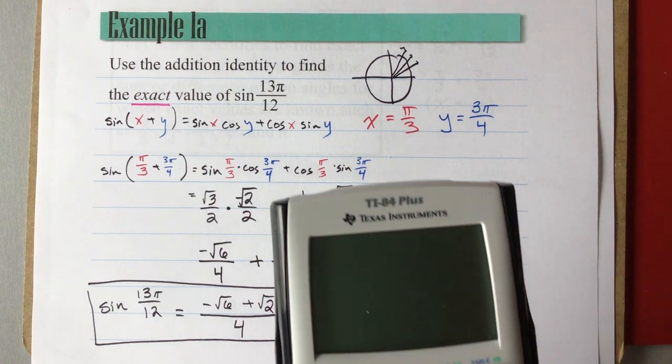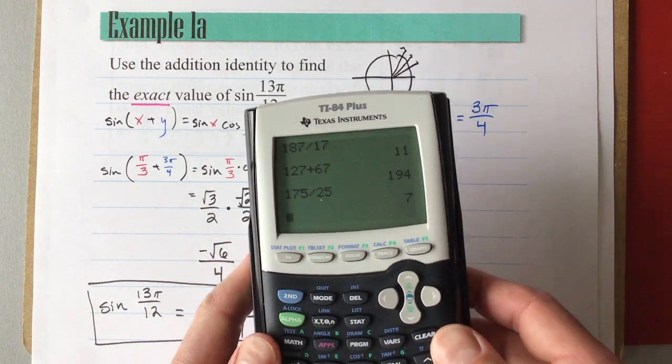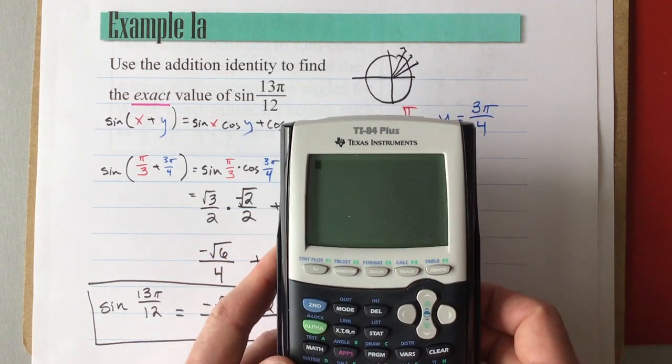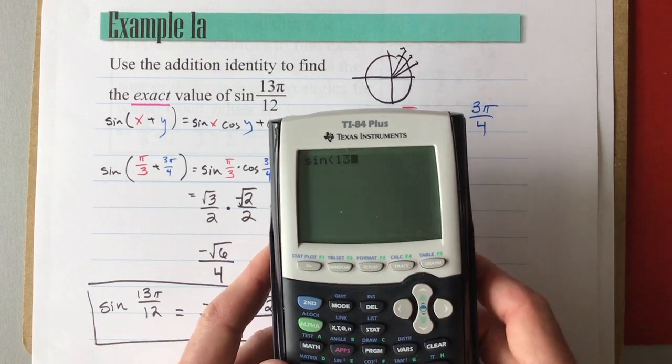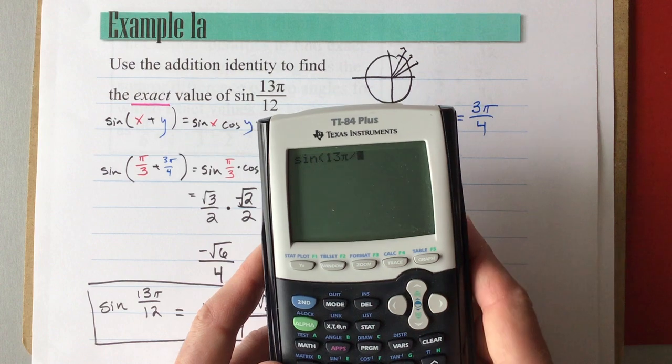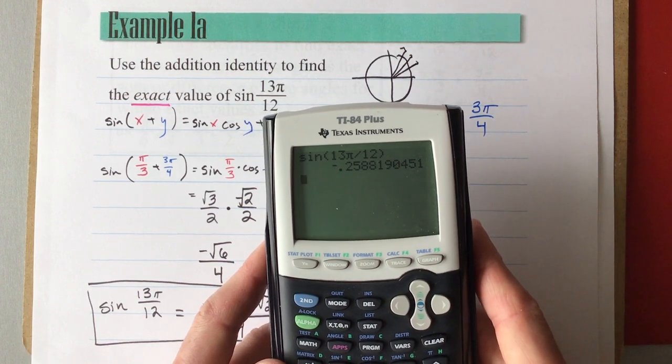And I could verify that for you on my calculator. I'm just going to set it down, I think. If I evaluate in radian mode the sine of 13 pi over 12, it is approximately negative 0.2588.